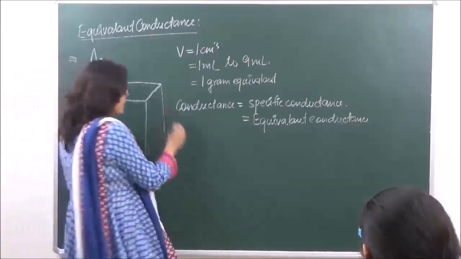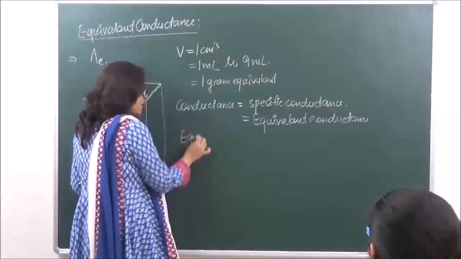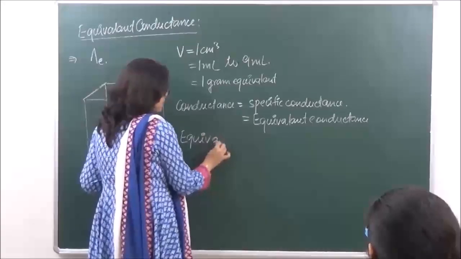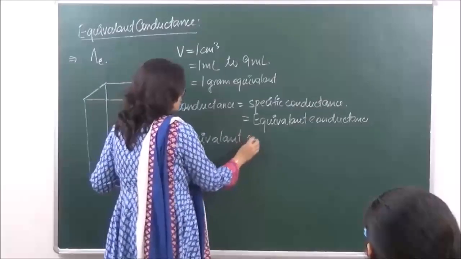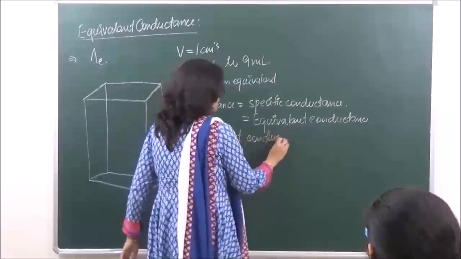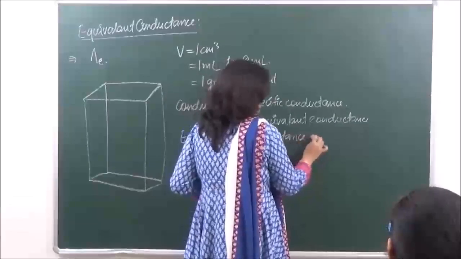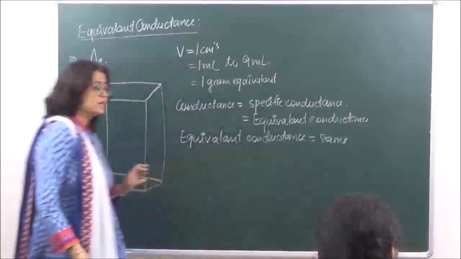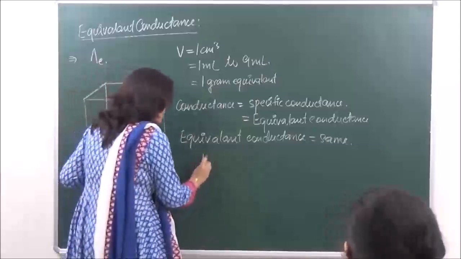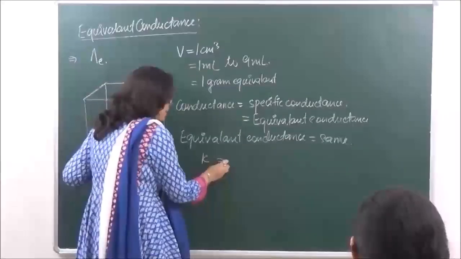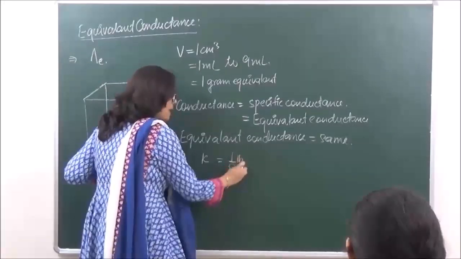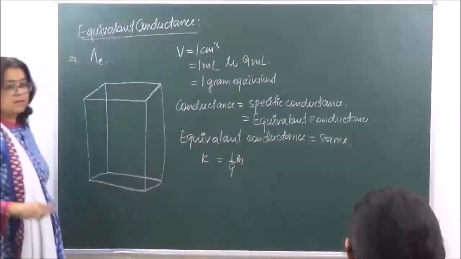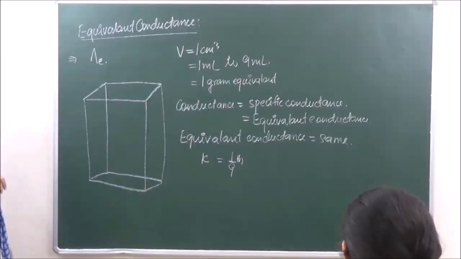In such a case, the equivalent conductance remains the same. There is no difference in equivalent conductance. But when we are talking of specific conductance, it becomes 1/9th of the original value.